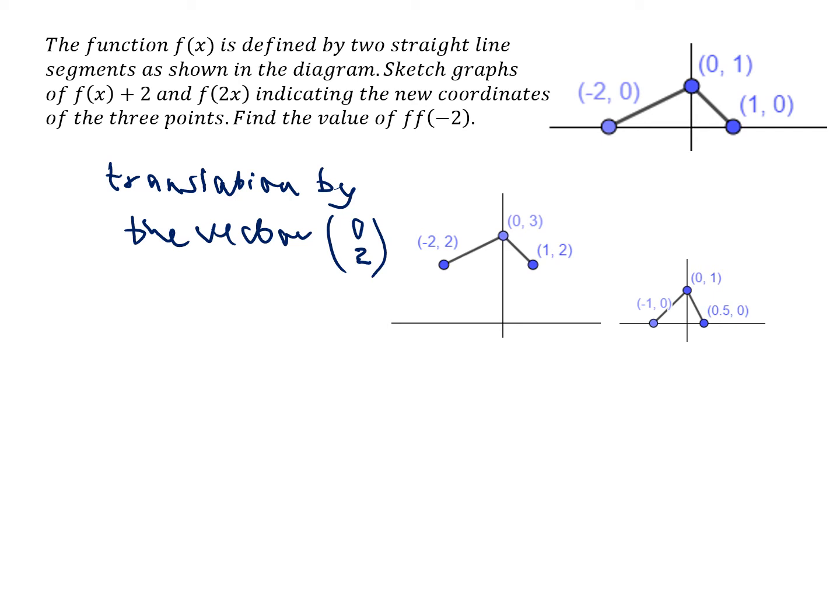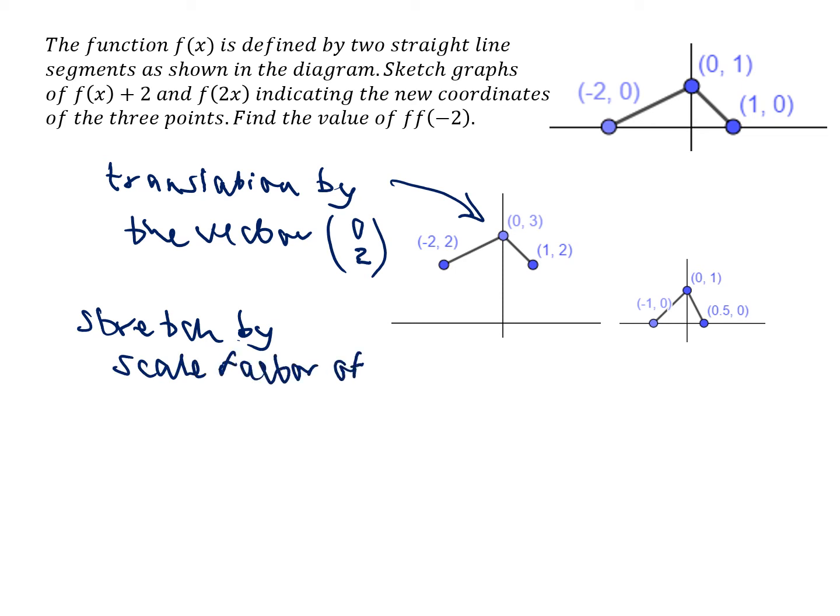And for the second one, what we've done is we've multiplied all of the x values by a half. So for the second one, we could say the transformation is a stretch by the scale factor of a half parallel to the x-axis.